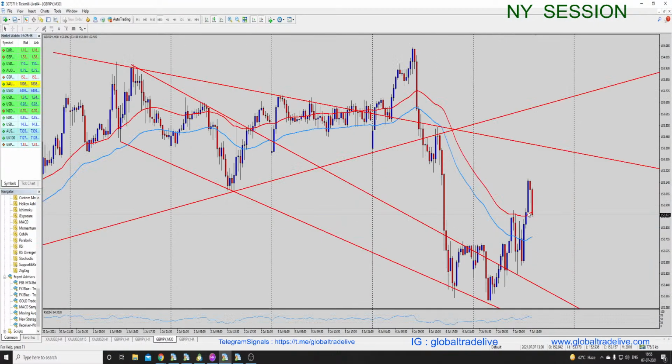Because look here, the 30-minute candle is now tapping on the support zone over here from the left. It can reject this area and can go up.